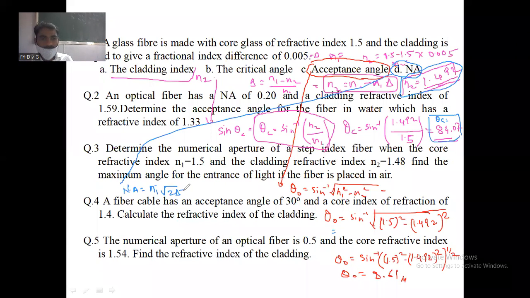N1 1.5 into square root of 2 into delta 0.005. So NA is equal to 0.15. Yes, very good.